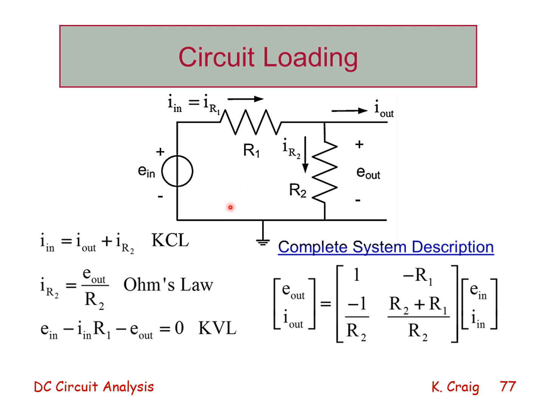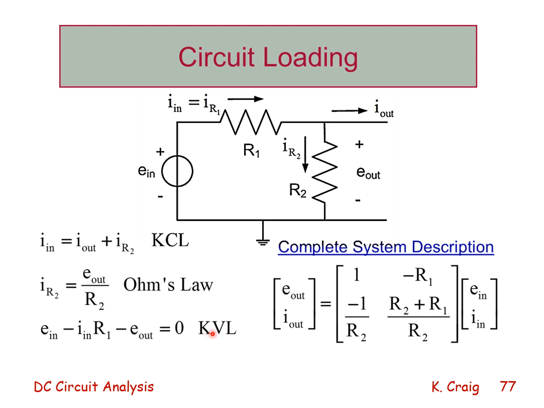So in order to get that complete description, we apply Kirchhoff's current law to this node, where we see that I in equals I out plus the current going through the R2 resistor. Ohm's law says for the R2 resistor that current through R2 equals E out over R2.